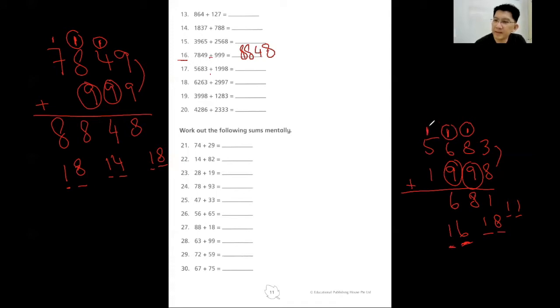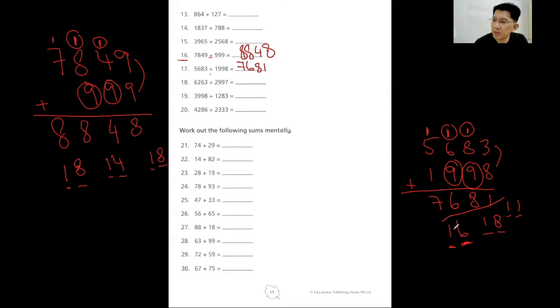Okay, so 1 plus 5 is 6 plus 1, 7. Okay, so that is the answer. So the answer to number 17 is 7,681.